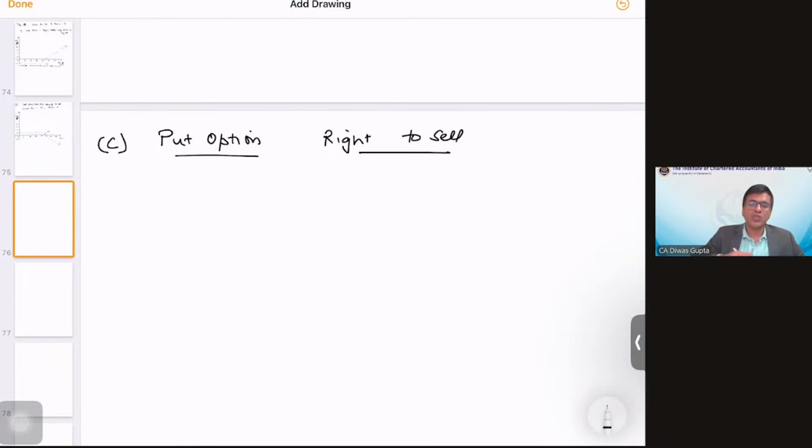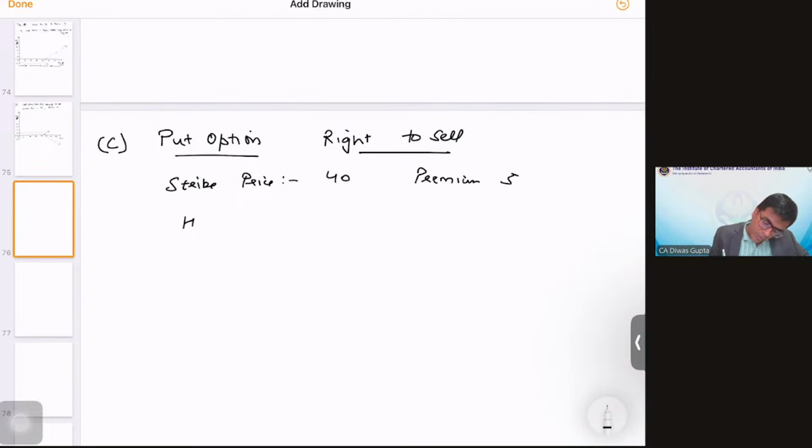That means if the price goes down, then there will be a gain. If the price goes up, then there will be a loss. So the strike price is again 40. The premium is 5.